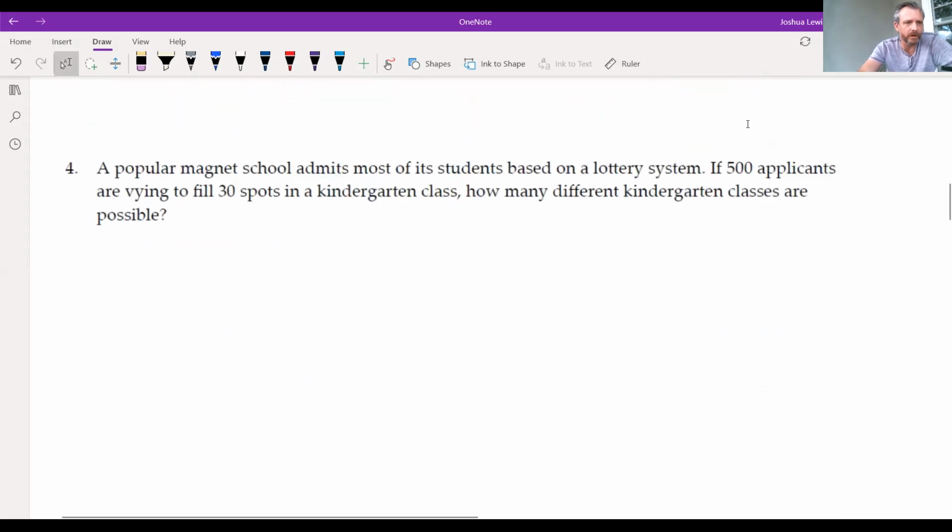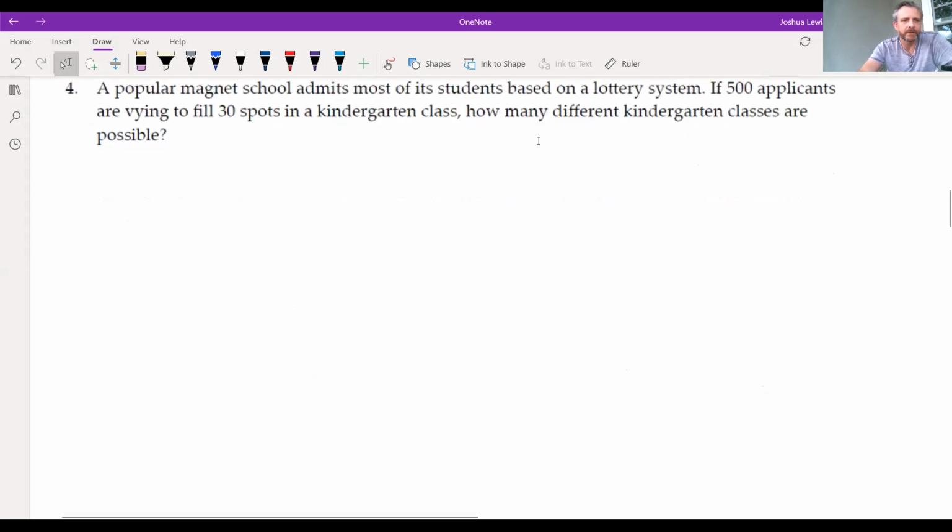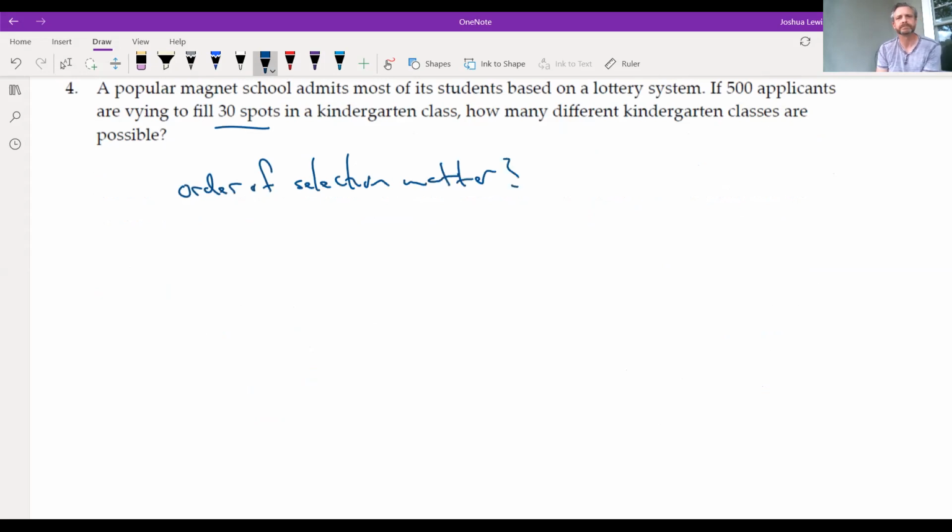All right, number 4. A popular magnet school admits most of its students based on a lottery system. If 500 applicants are vying to fill 30 spots in a kindergarten class, how many different kindergarten classes are possible? Well, let me ask you this: does the order of selection matter? Think about it this way.